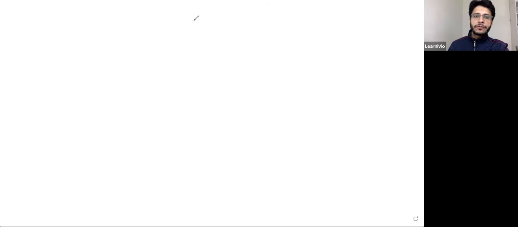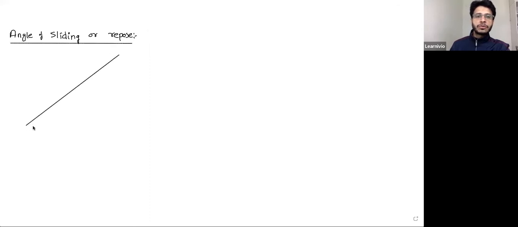Okay, after angle of friction, the next is angle of sliding or angle of repose. For angle of sliding or repose, let's say this is an inclined plane.